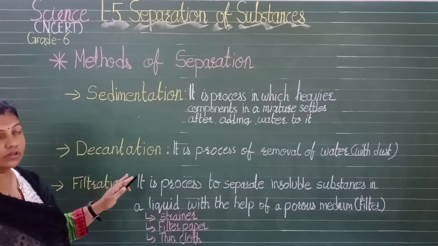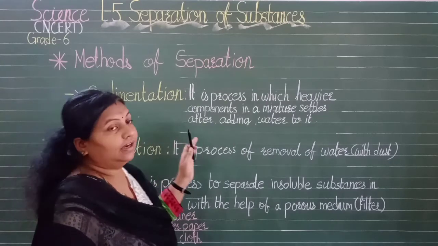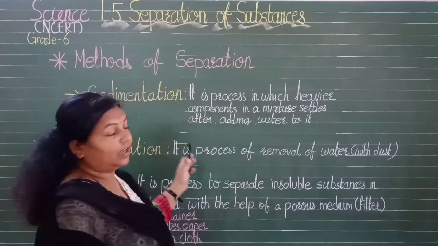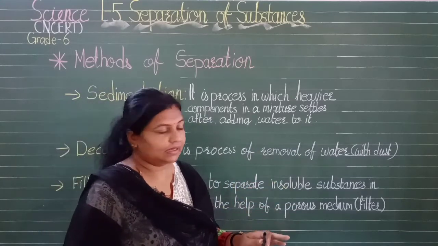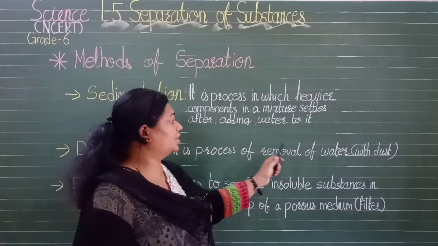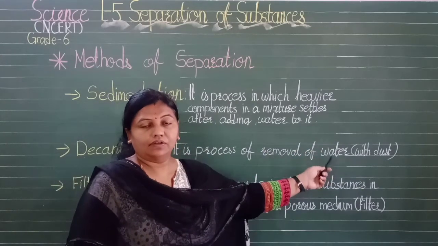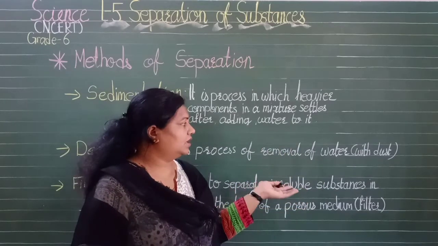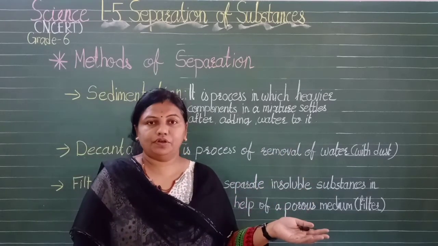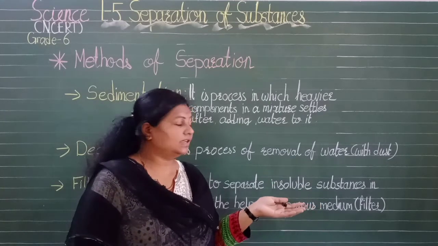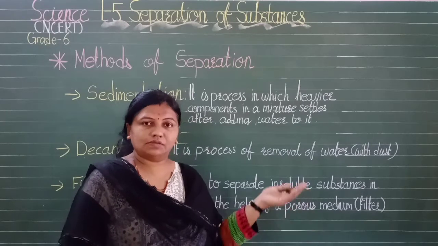So we can also say that it is connected to sedimentation. Directly we cannot do decantation. So decantation is a process of removal of water, which water? Which is floating and which contains dust or some impurities, some dust particles, impurities like husk or some insects, whatever.